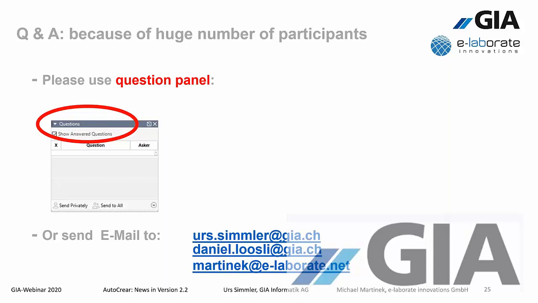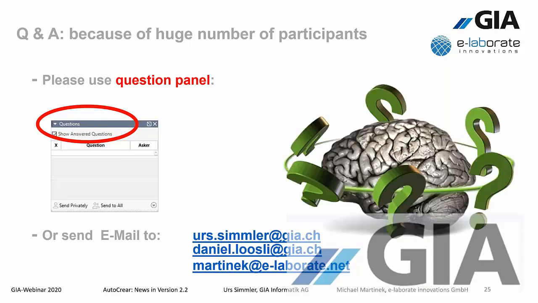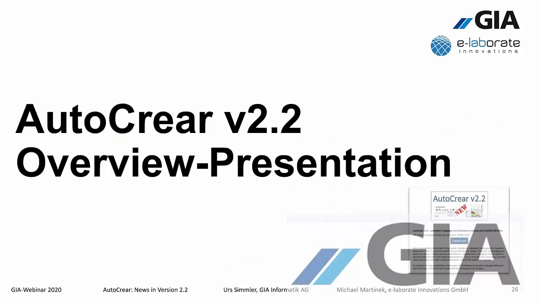So I think we wait maybe another minute or so. In the meanwhile, maybe you can show the next slide, Michael, with the overview webinar, so that everybody's aware that we also plan at the end of May an additional webinar where we show an overview, the whole process of clearance and creepage analysis with version 2.2.